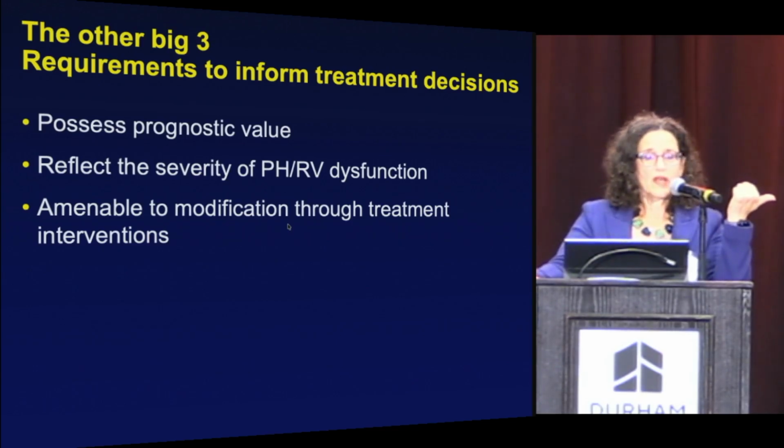They're all prognostic. But I also think that it needs to reflect the severity of the pulmonary hypertension, the RV dysfunction, the pulmonary vascular disease, because we need to really reflect the disease we're treating, not just that someone is older and has comorbidities. And of course, it needs to be amenable to modification through treatment interventions.